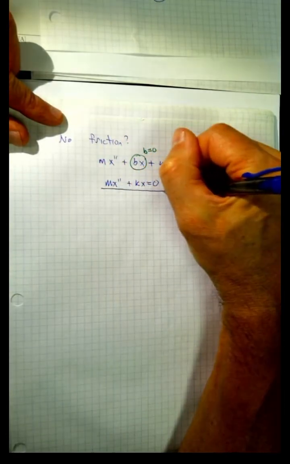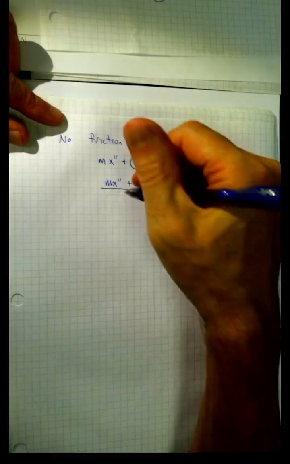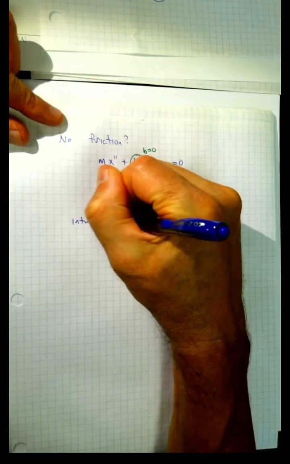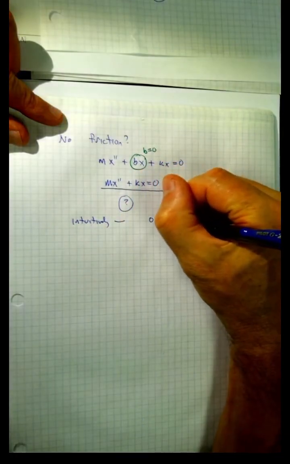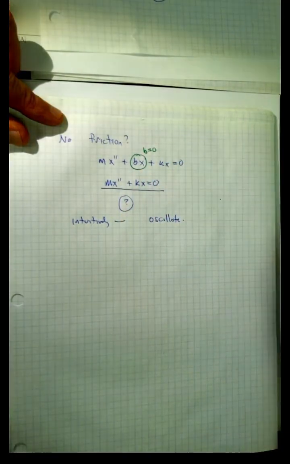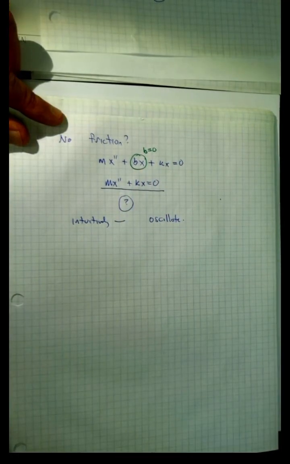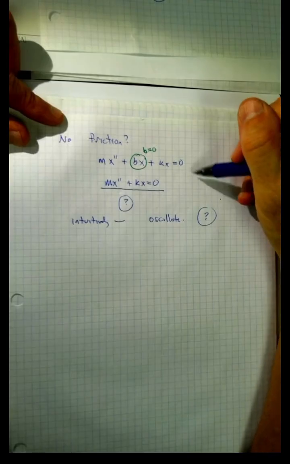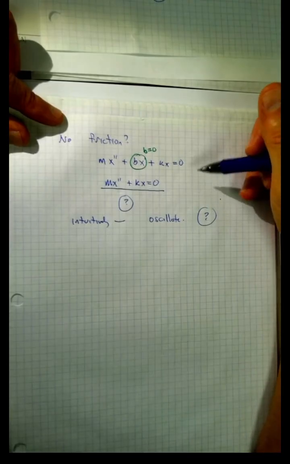So our differential equation is in this form. Intuitively, we would expect this thing to just oscillate. And if we don't see oscillations here, then that means there's probably something wrong somewhere.